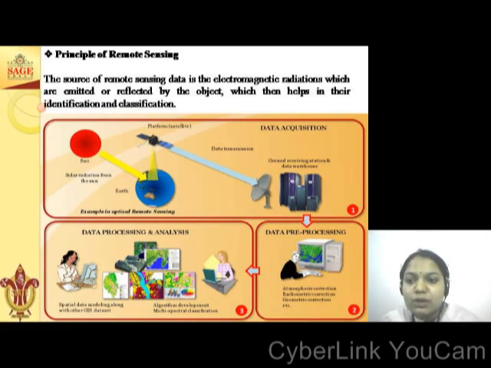So here is the particular process which tells us about data acquisition, data pre-processing and data analysis. It is very clear that the radiations are transferred from Earth's surface to satellite, satellite to receptors, receptors to the computer tool, and then analysis. Then it gives us a proper output.